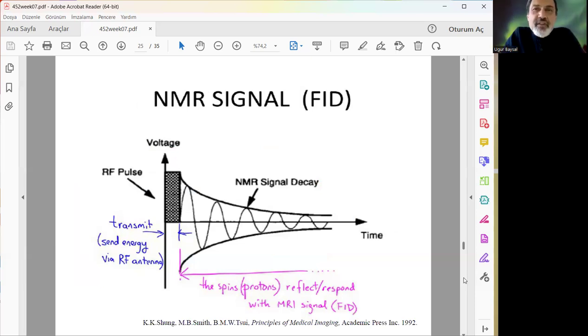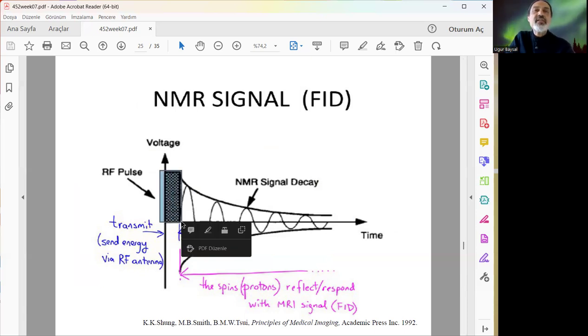So this is a very nice basic diagram of the signals, where in the shaded region, during that interval, transmitting energy is applied through the radio frequency antenna. Then the transmit part is switched off. It behaves like a receiver antenna, exactly the same as ultrasonic imaging.